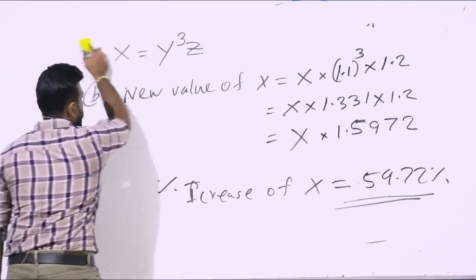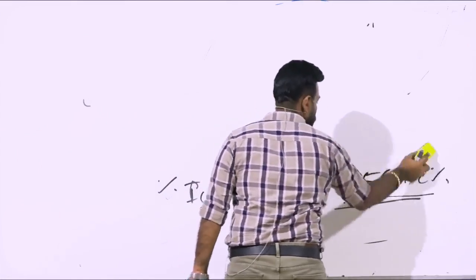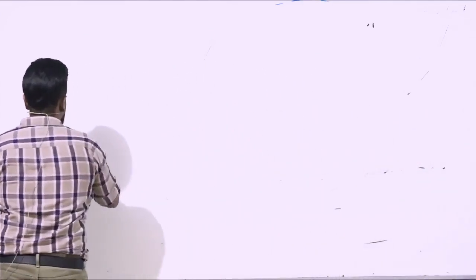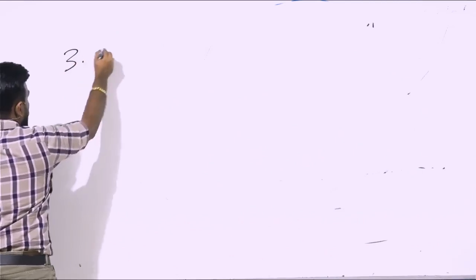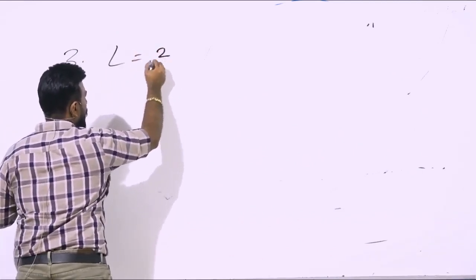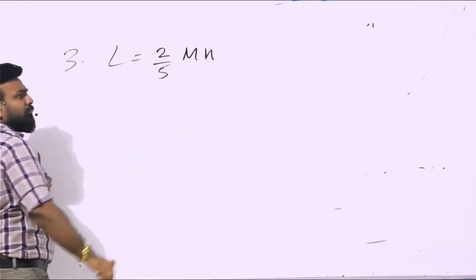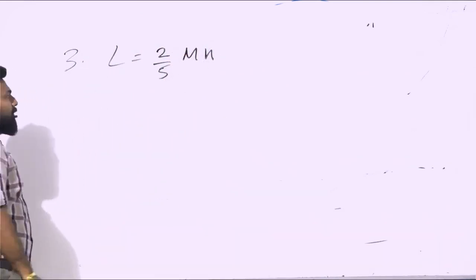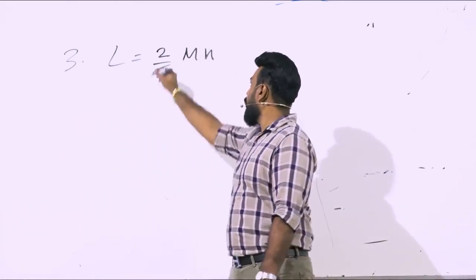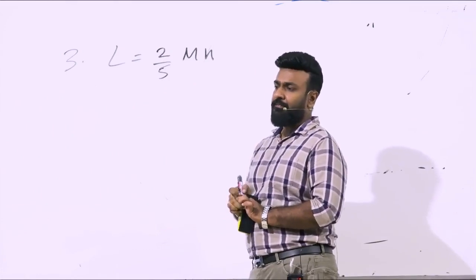Okay, now the third one, number 3. L equals 2/5 times Mn. This gives an equation.